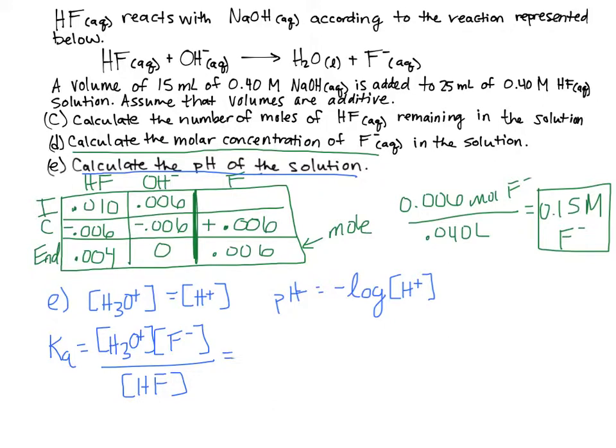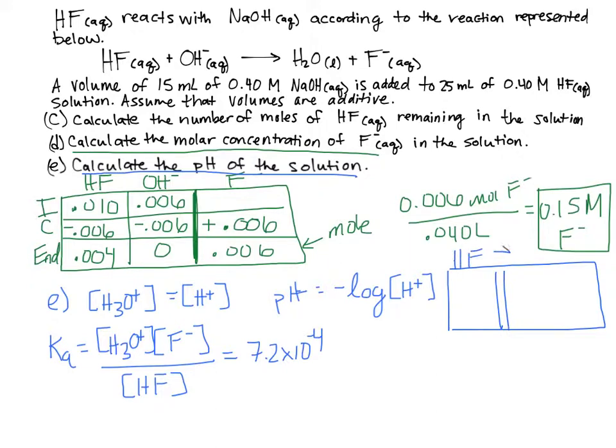And this is going to be equal to the given K value, 7.2 times 10 to the negative 4. To figure out what I want to plug in for these values, I need to make a mini ICE table just to organize my thoughts. So here we go. Remembering that this is for the dissociation of the hydrofluoric acid.